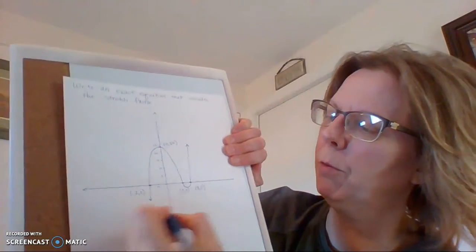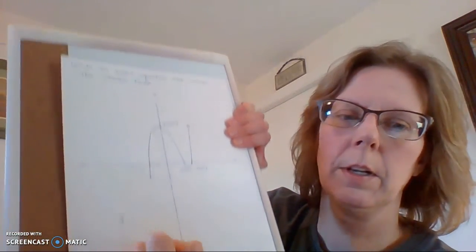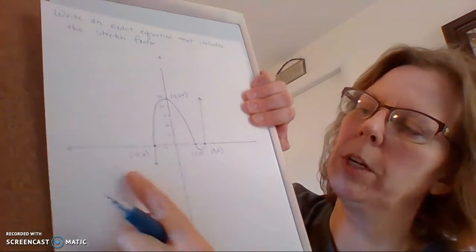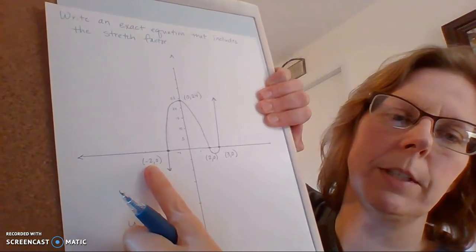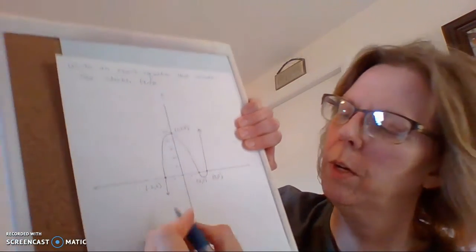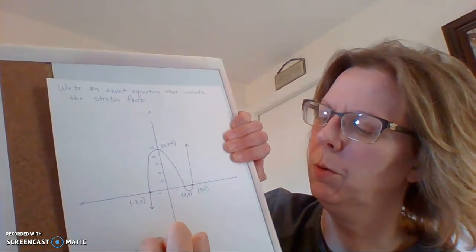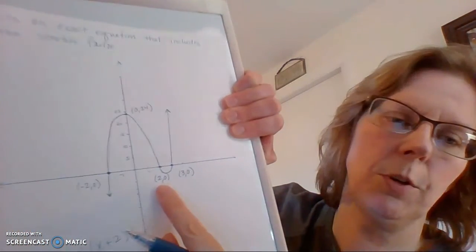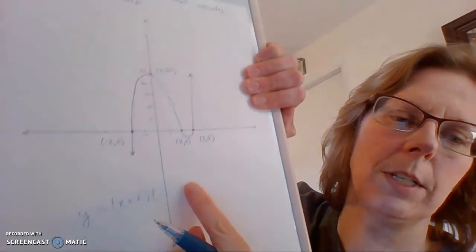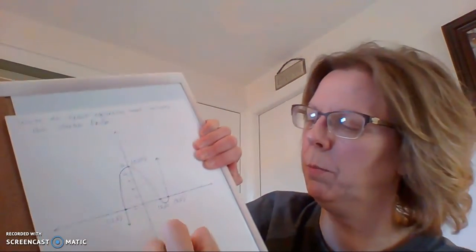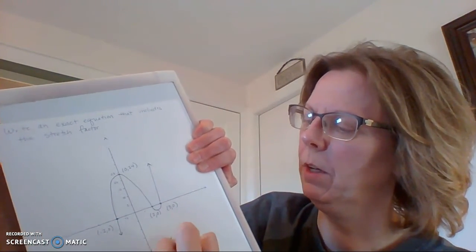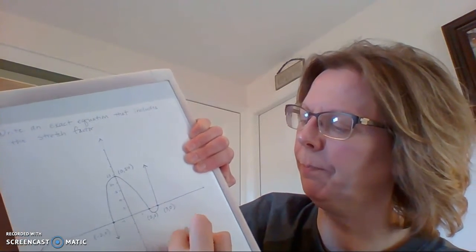So we're going to have y equals, and then the first one here is a -2. So that means in parentheses, it was a +2. So x plus 2. This one over here is a +2, so I'm going to have x minus 2 in parentheses, and then x minus 3.